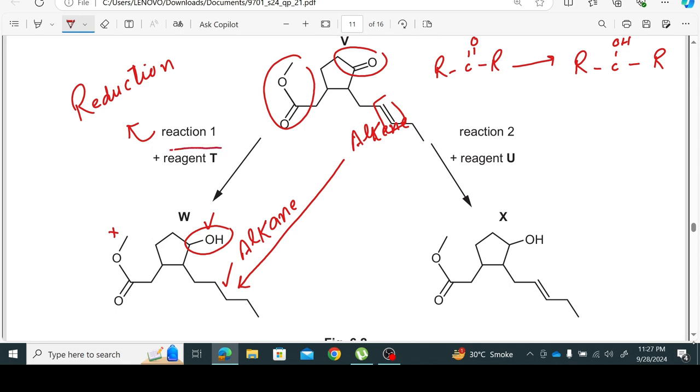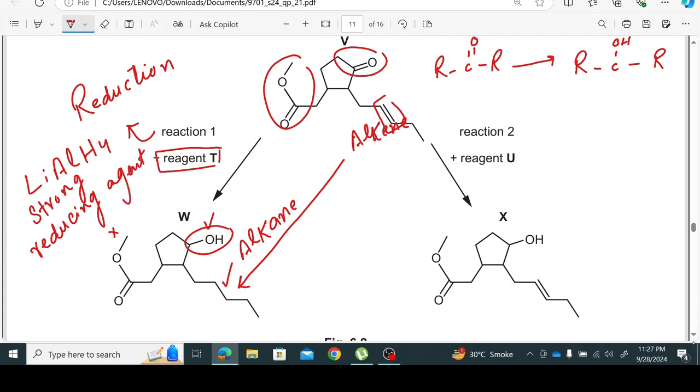And what is your reagent T? It is lithium aluminum hydride. It is a strong reducing agent because it is reducing all functional groups except ester.